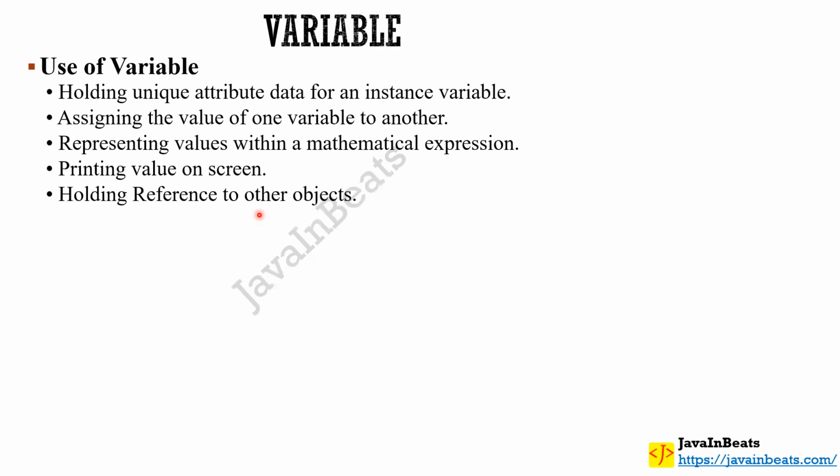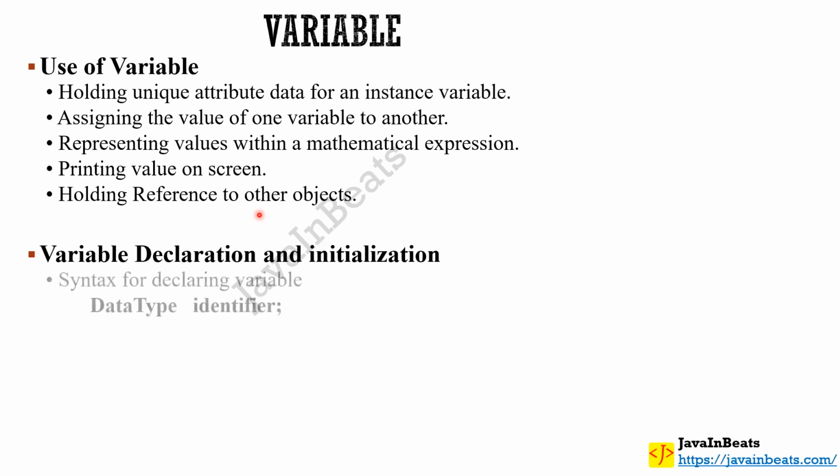If you want to create a variable, then you have to follow a specific syntax. Let's discuss how you can create a variable in your Java code. There are two steps. One is declaration and another one is initialization. In the declaration, you have to specify which type of value you want to store in your program by providing a data type and the name of your variable.